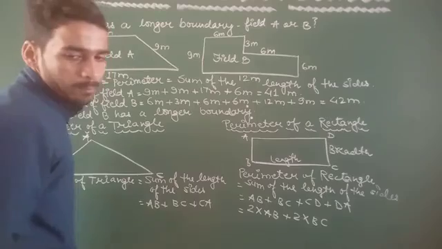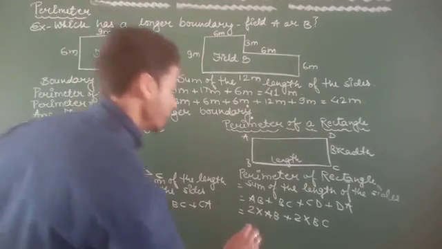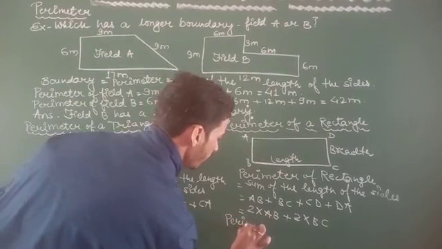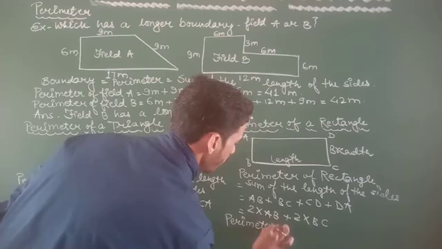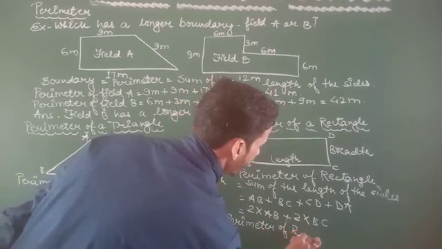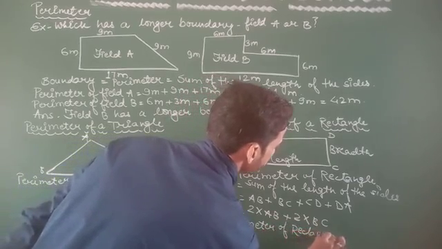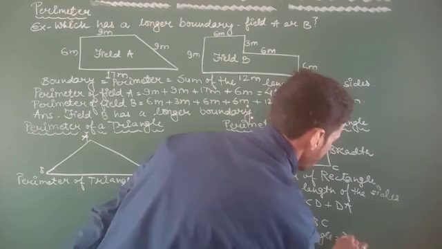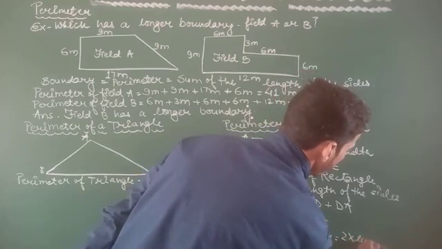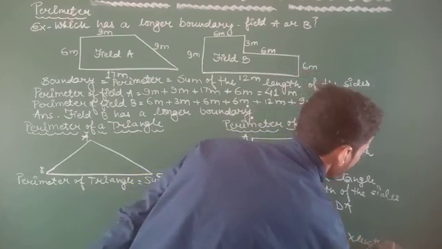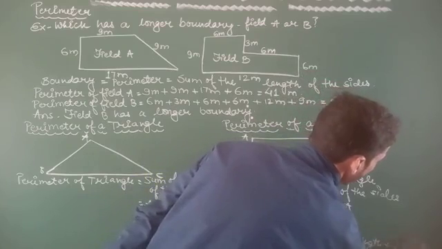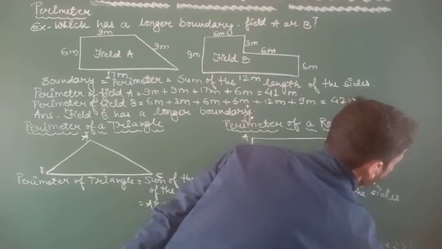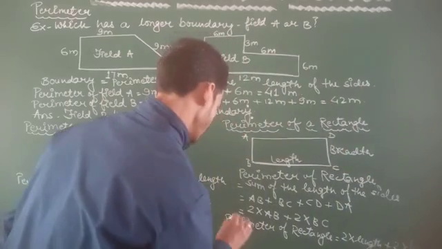So the perimeter of a rectangle is equal to 2 times length plus 2 times breadth.